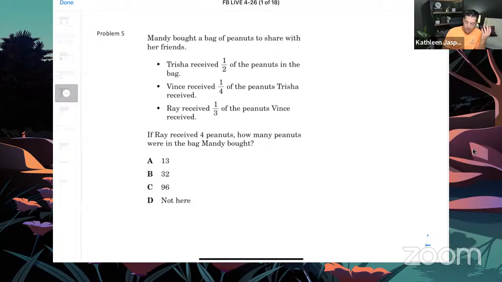Okay, so let's just call it how it is. We have X amount of peanuts, okay? Then Trisha received 1/2 of those peanuts. So now I'm doing times 1/2. So that'd be 1/2 peanuts. But then Vince received 1/4 of hers.